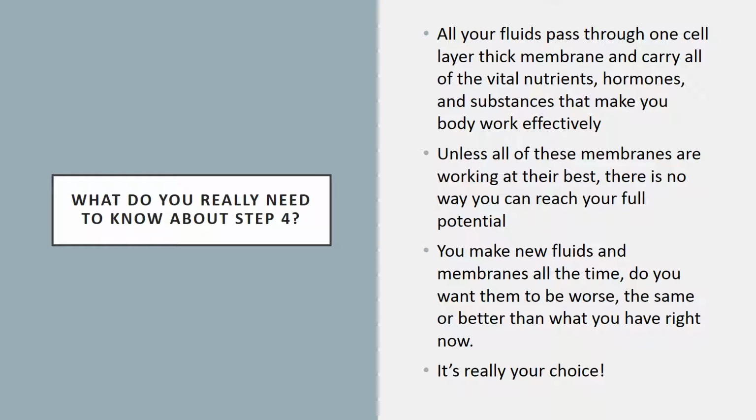Unless all of these membranes are working at their best, there is no way you can reach your full health potential. And the great news is for all of us that we all make new fluids and membranes all the time. So do you want that next generation of your fluids and membranes to be worse, stay the same, or be better than they are right now? It's really your choice.